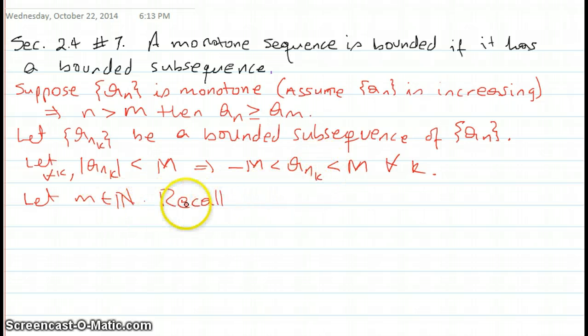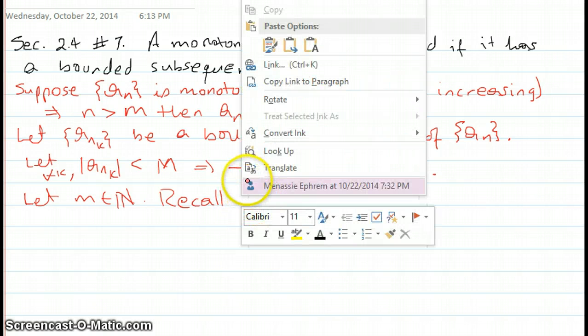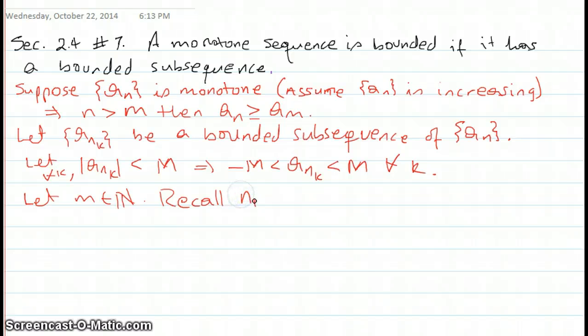So when m is in N, we can show that n_m, we've done this in class, is greater than or equal to m.